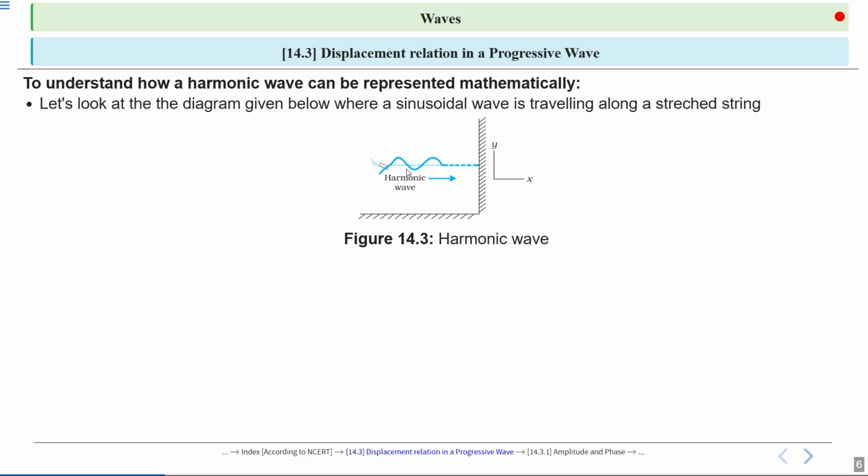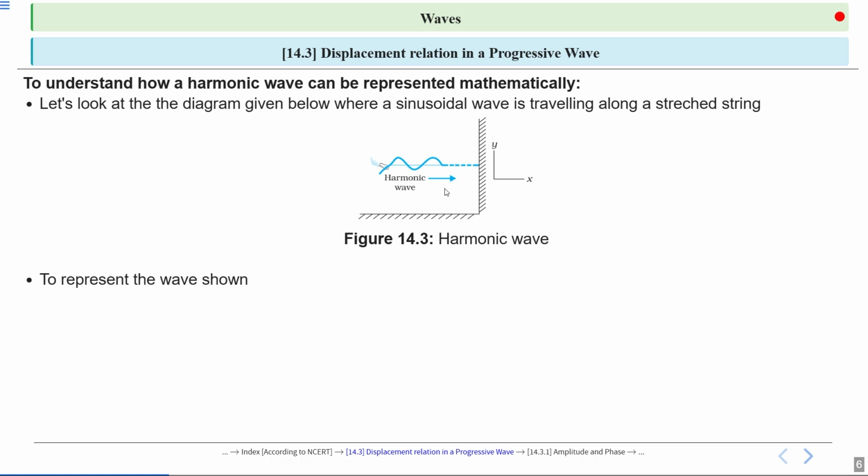The repeating up and down pattern, that's what we call a harmonic or sinusoidal wave. The peaks and troughs show how the string moves as the wave passes through. This one is the vertical axis and horizontal axis.